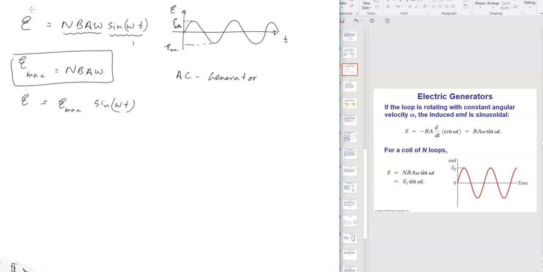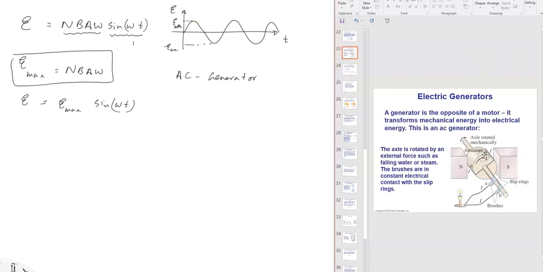If you go back to the previous slide, pay attention to this arrangement. These are called slip rings. The wire comes from the coil, goes to a ring. The ring is attached to this cylindrical shaft. So the ring rotates with the wire. The other wire is also attached to another ring. So these rings are fixed, they are rotating with the cylinder.